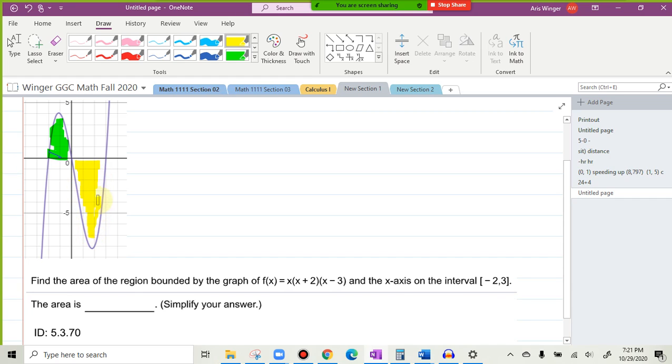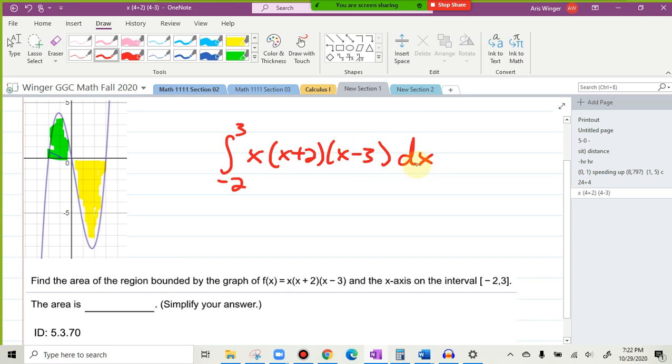So we're going to find them separately, right? So you could then ask, well, wait, why don't we just do the integral? Here's what some people are going to do. Why don't we just do the integral from -2 to 3 of this function? Well, that's not going to answer this question, right?